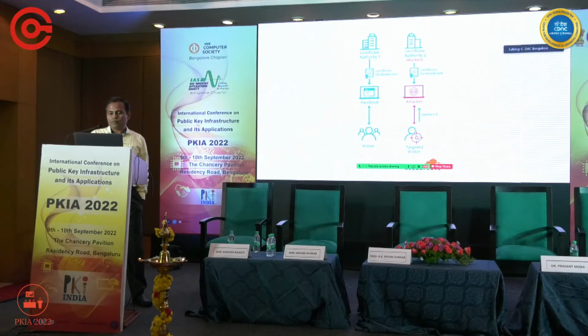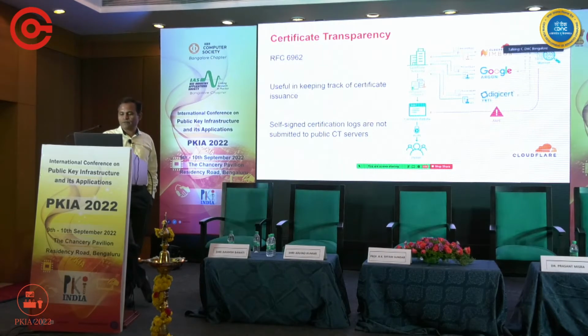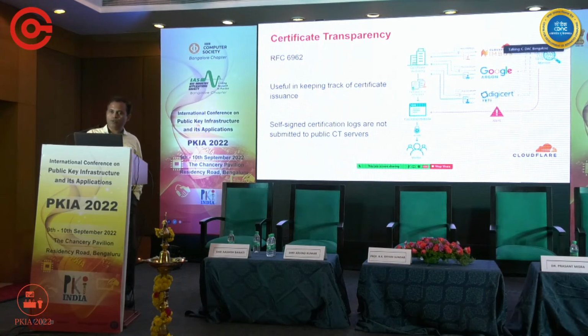So the X509 community, or the big users of the community, like AWS, Cloudflare, Google, and some CAs like DigiCert, started a new service called Certificate Transparency, which is specified in RFC 6962.